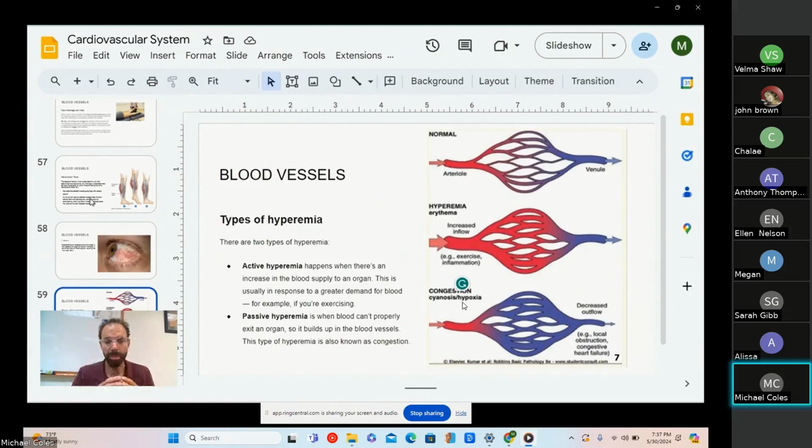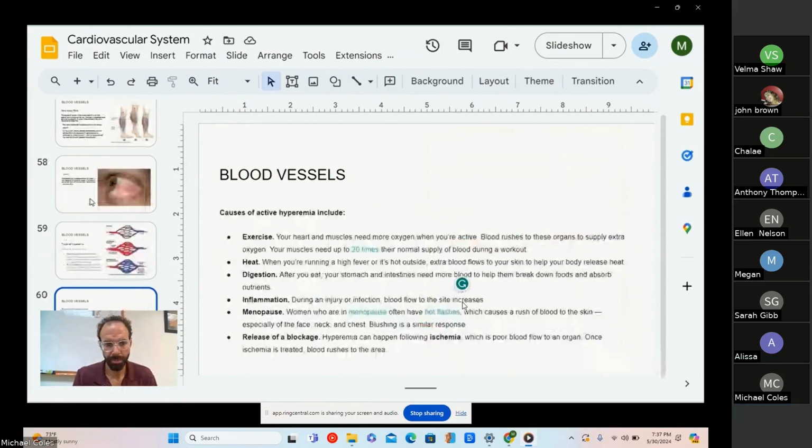So that's going to help the restriction of that blood flow and really get circulation going, so your body can replenish that tissue and heal that tissue.